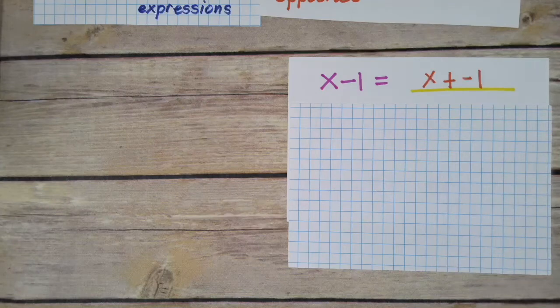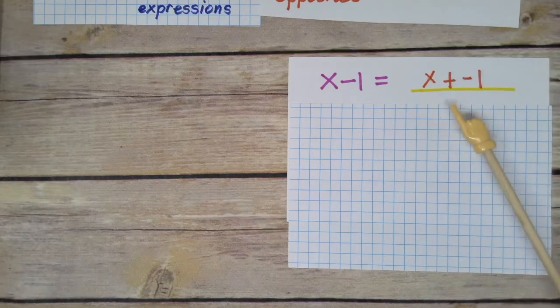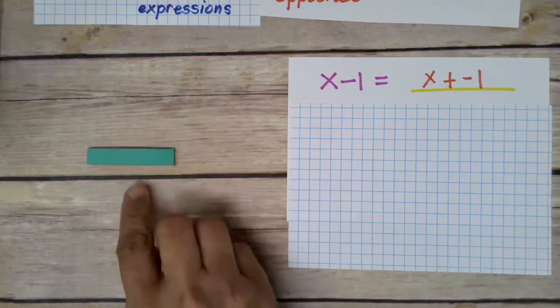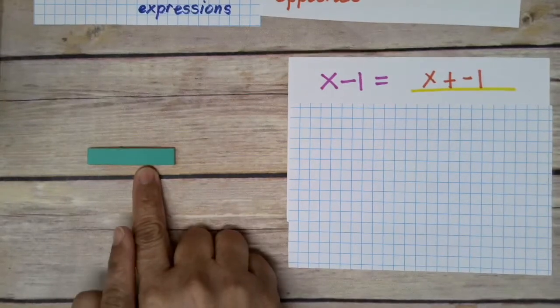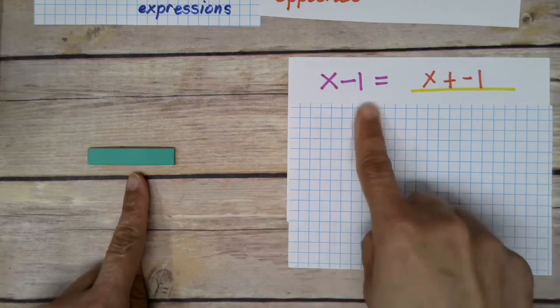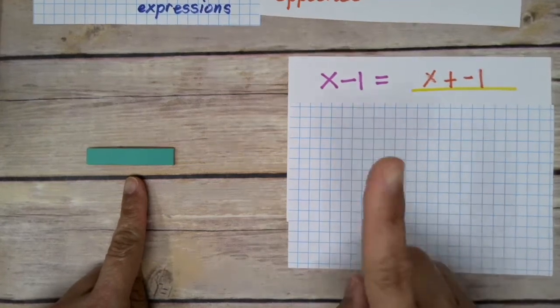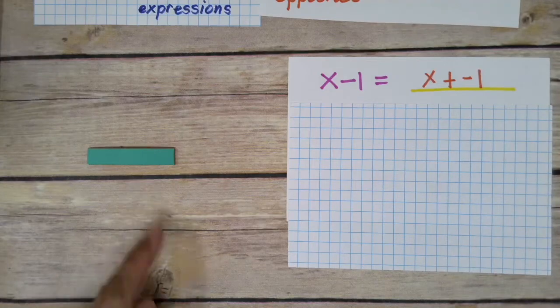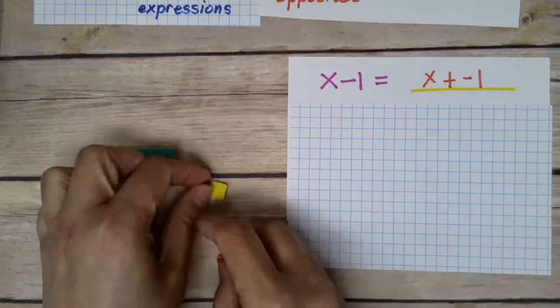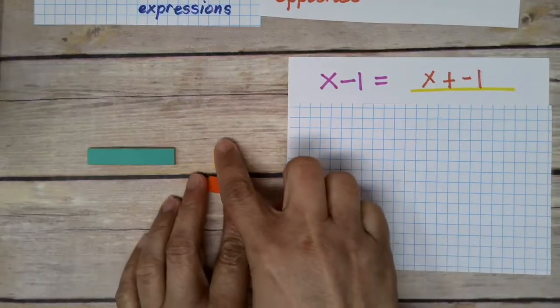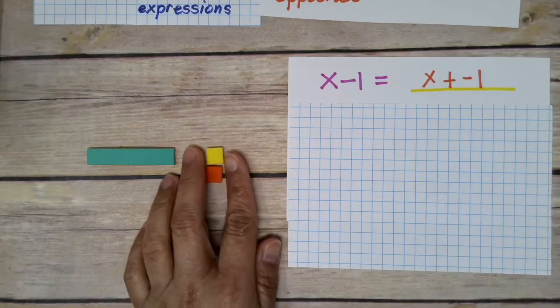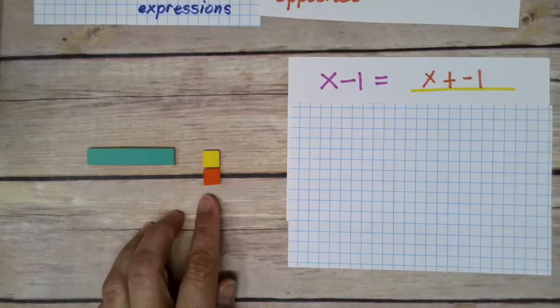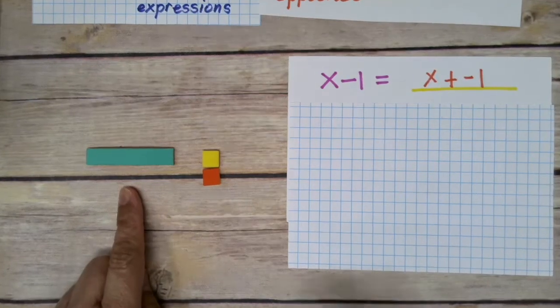This time we are going to use algebra tiles to show that x minus 1 is equivalent to x plus negative 1. Remember, we are using this particular tile to represent x, and from x we want to subtract positive 1. However, we do not have positive 1, therefore we need to bring in 1 zero pair, a yellow tile and an orange tile together, because this is 0 and 0 plus x would just be x.